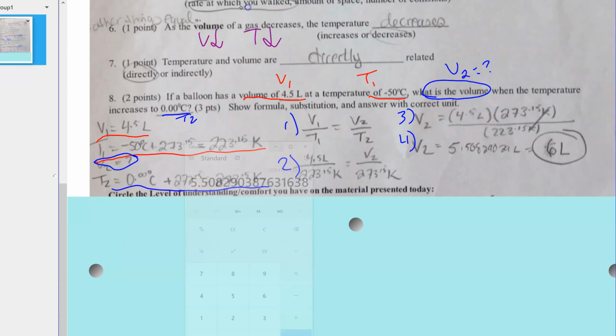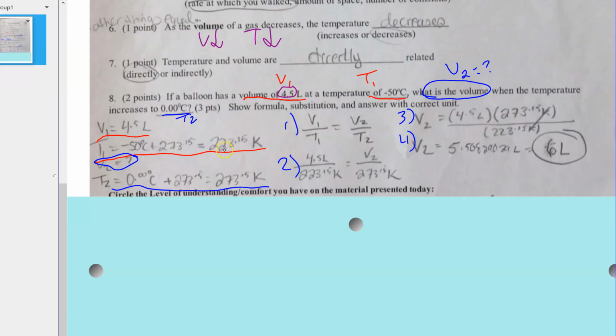But how many sig figs do we need? That's the question. Okay, this is where it gets silly with sig figs. So you can't just take the numbers from the original problem. Here we clearly have 2 sig figs. Here you think we have 1, but we don't actually have 1, because when we convert to Kelvin, we conserve the least number of decimal places.